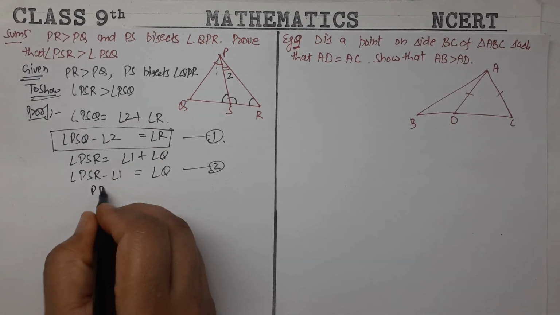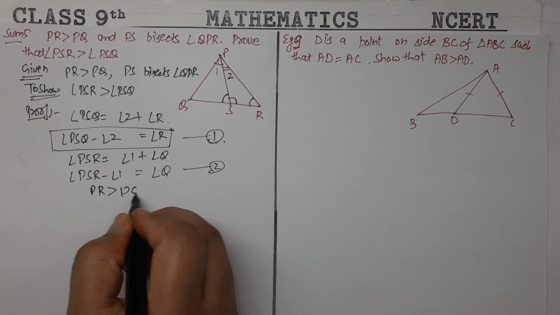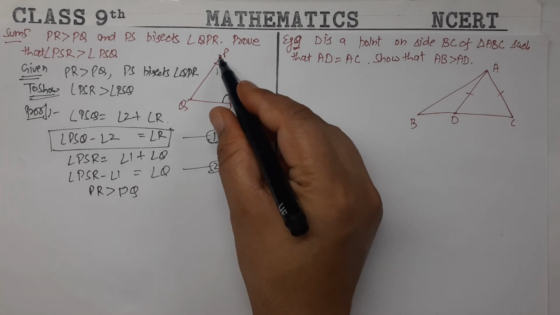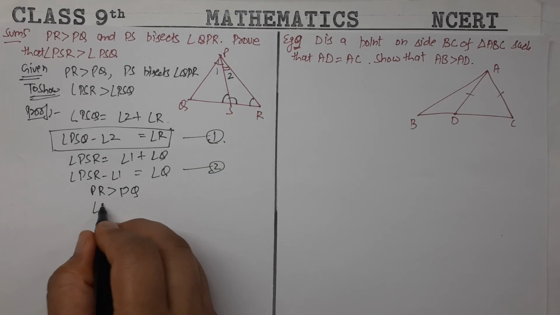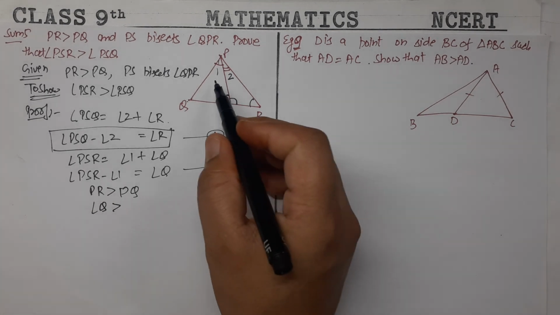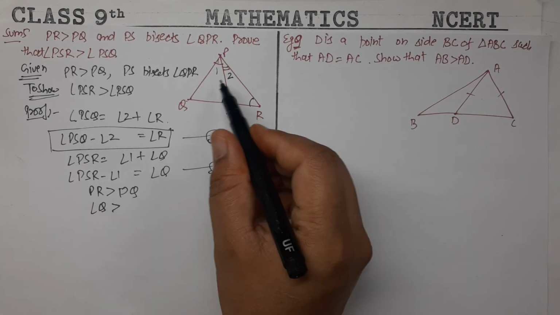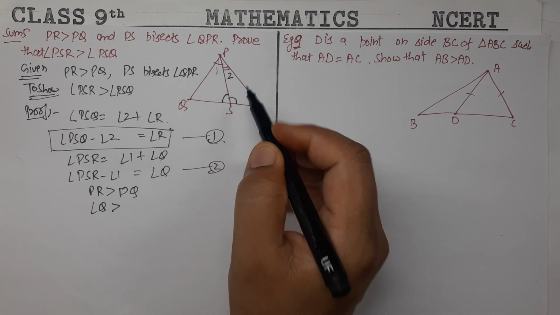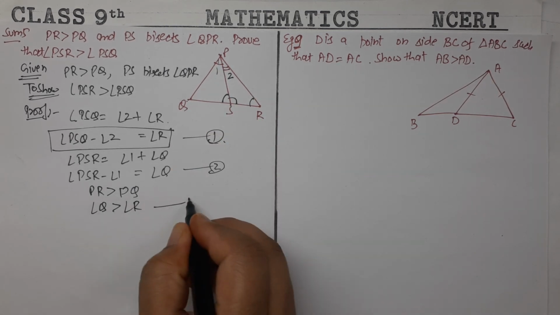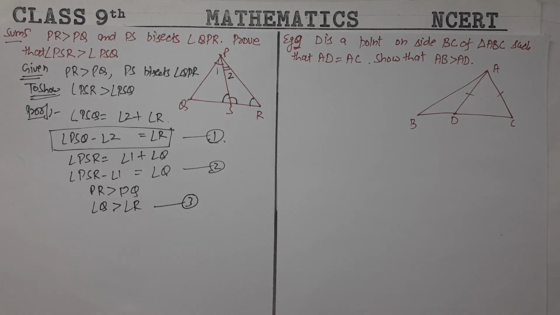Given PR is greater than PQ. PR, in front of PR the angle is Q, which is greater than angle, in front of PQ, angle is R. Equation 3.